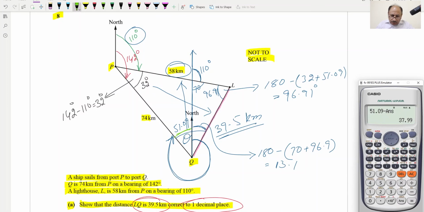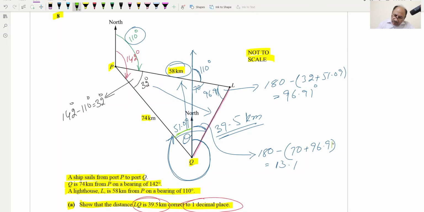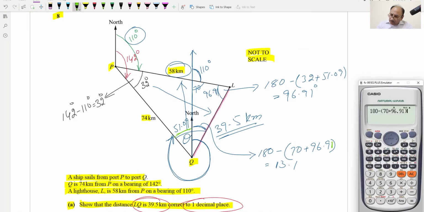37.99. So we can basically recalculate everything, like for example 180 minus 70 plus 96.1, and this will be equal to 13.09.